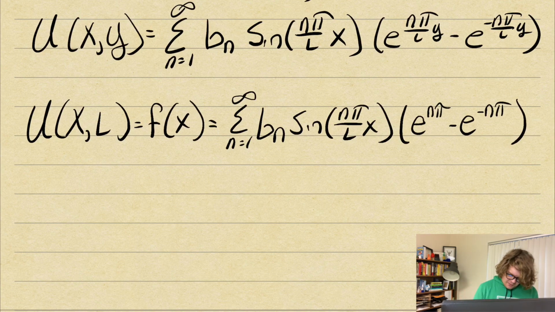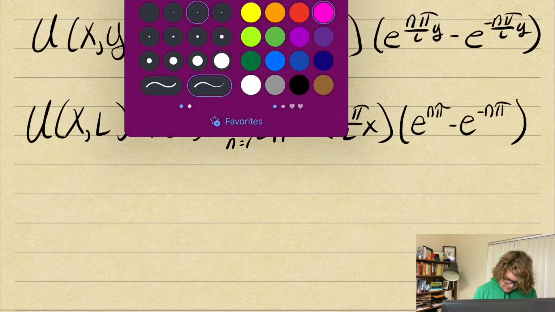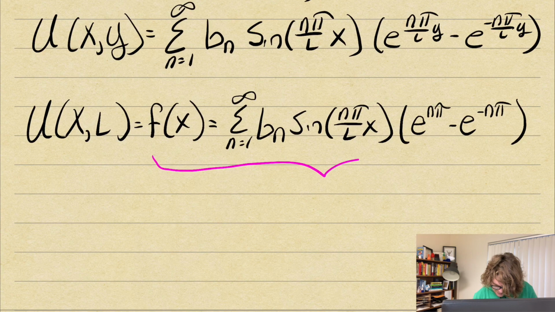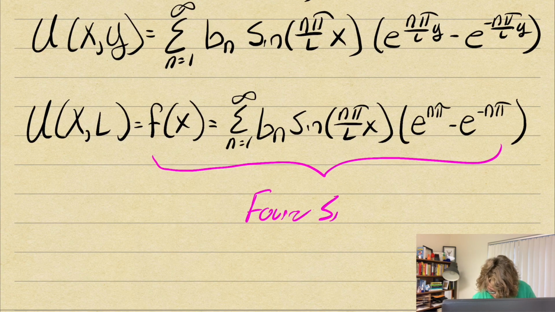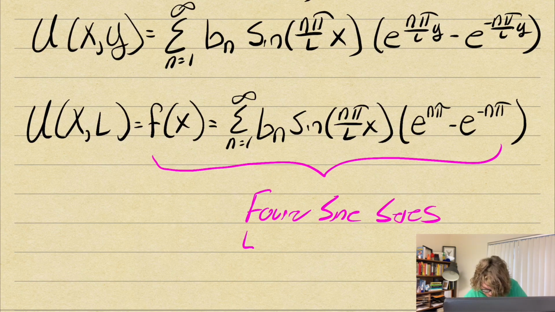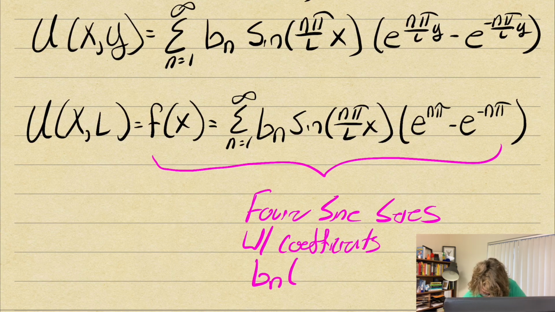All right. So what we have here is a function expressed as a Fourier sine series, where the coefficients are b sub n times e to the n pi minus e to the negative n pi.